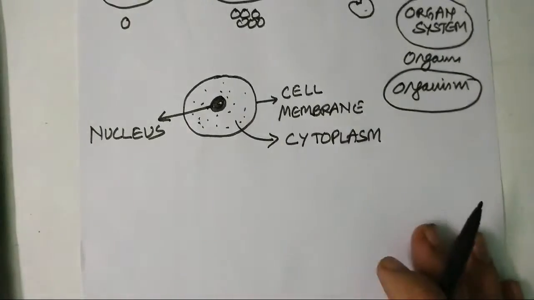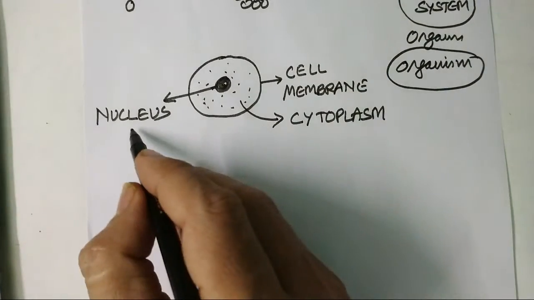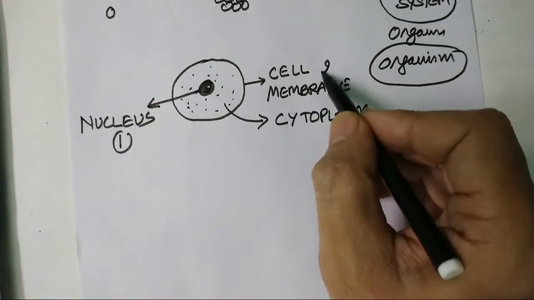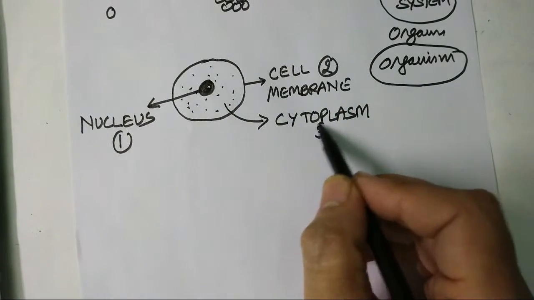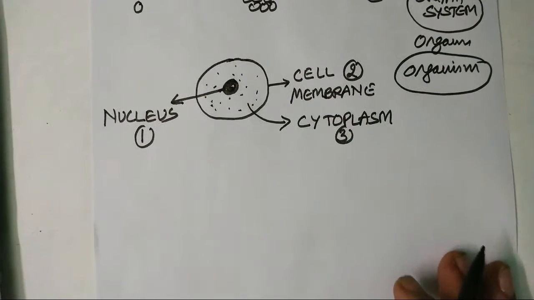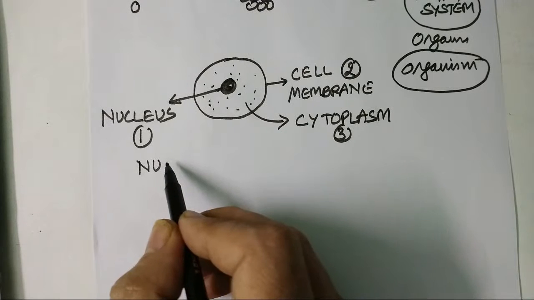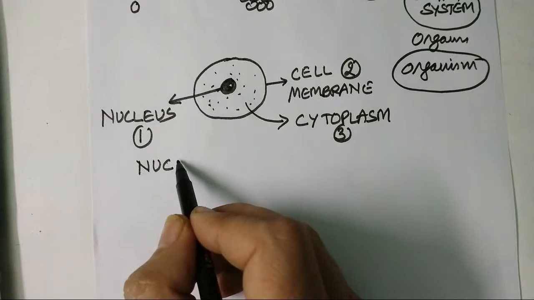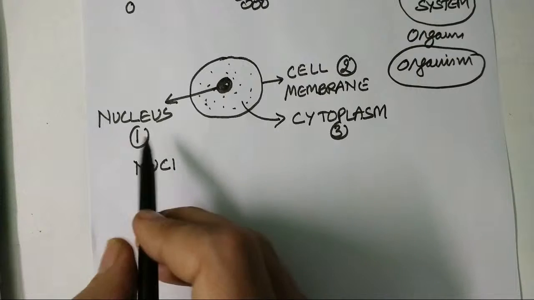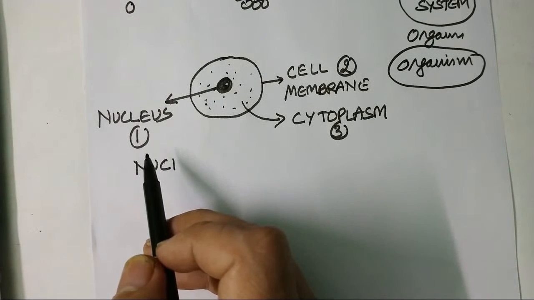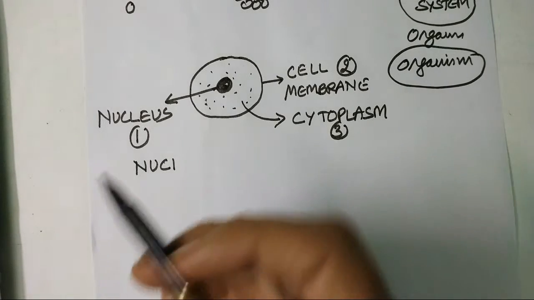These three components together make up the main components of the cell.